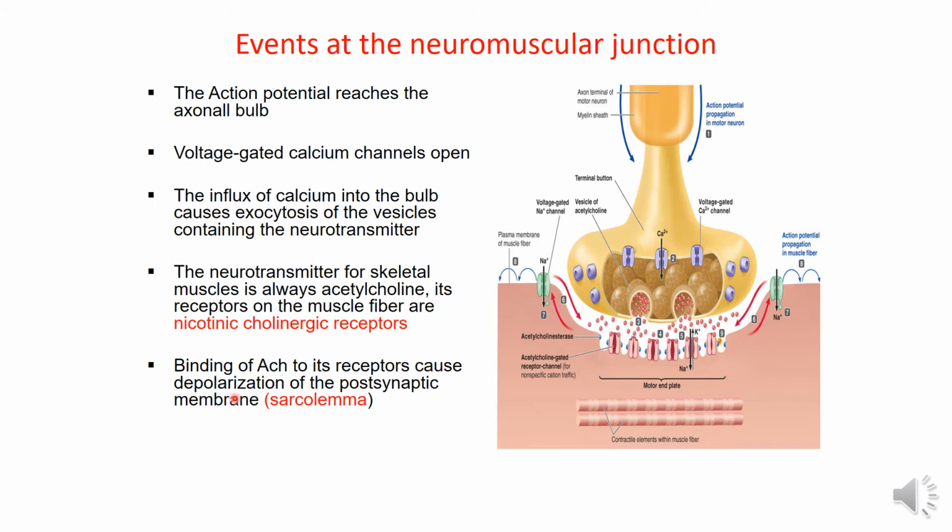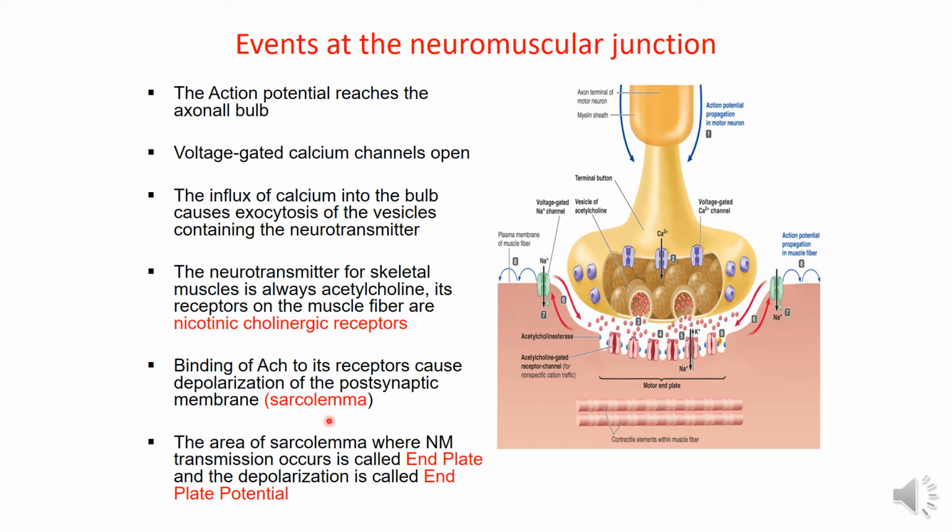We have depolarization of the postsynaptic membrane, or the sarcolemma. The area of the sarcolemma where the neuromuscular transmission occurs is called the end plate, and the depolarization is called the end plate potential.